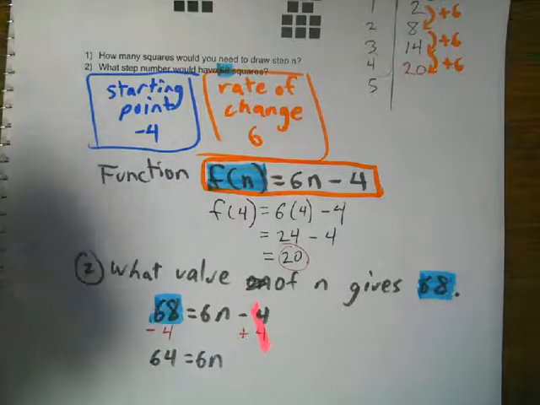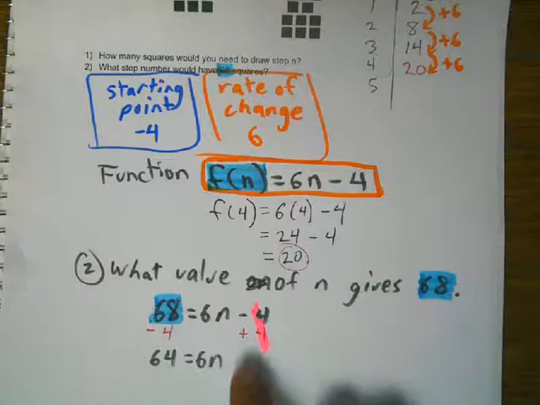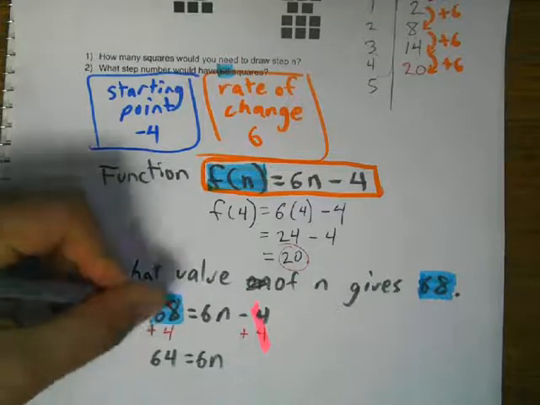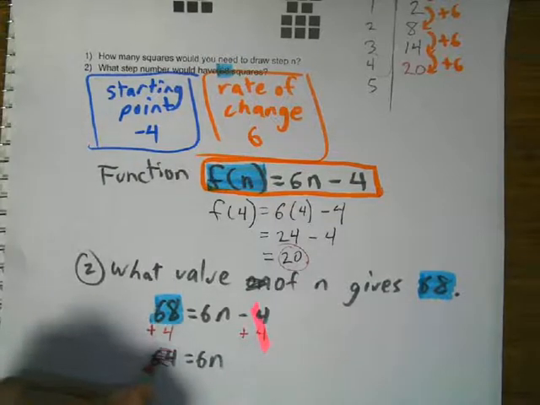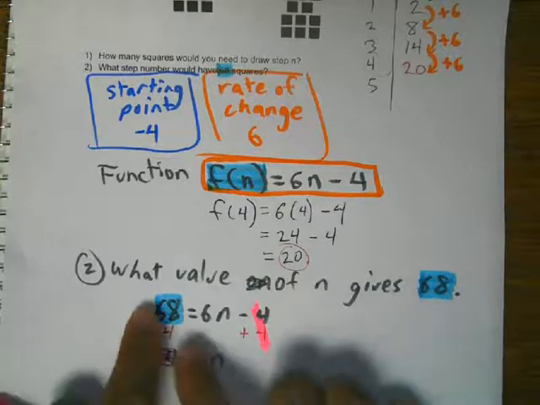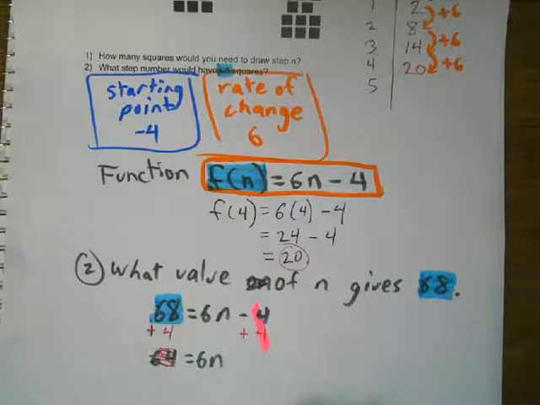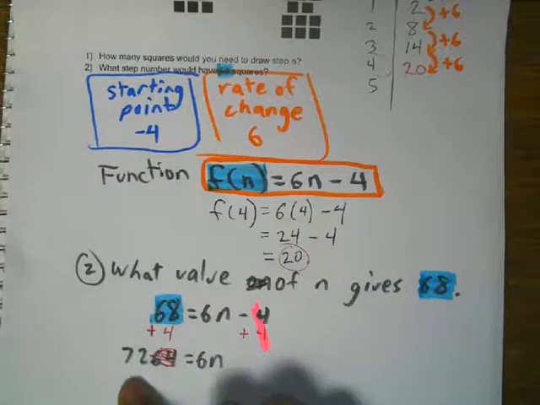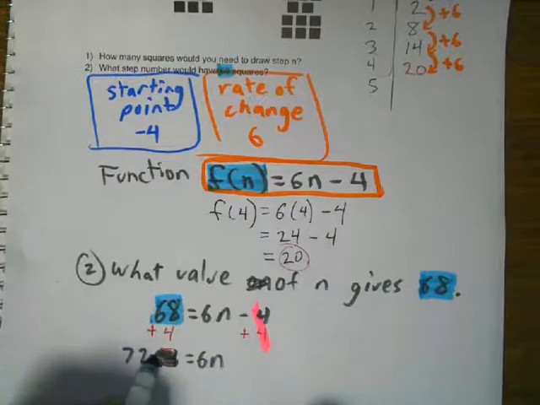What did I do wrong? I'm supposed to add 4 on both sides. Oopsies. So it's not 64. We're adding 4 on both sides of the equation. 68 plus 4 gives me 72. So I have 72 equals 6n.